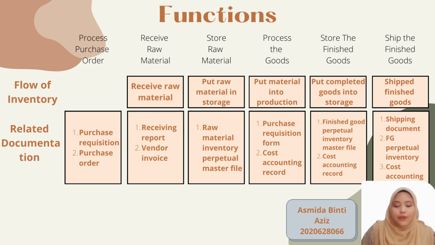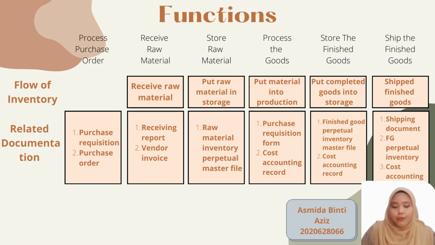Next, the third function is store raw material. Store raw material is related to the second flow of inventory, which is put raw material in the storage. Store raw material needs 1 related document, which is the raw material inventory perpetual master file.